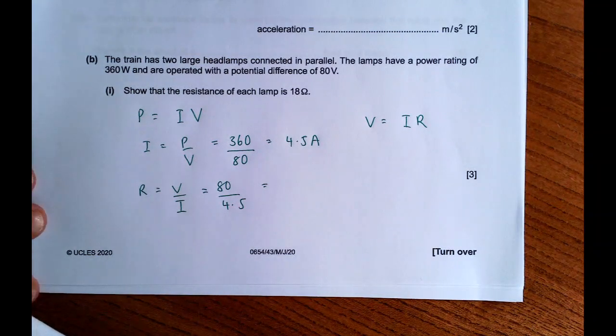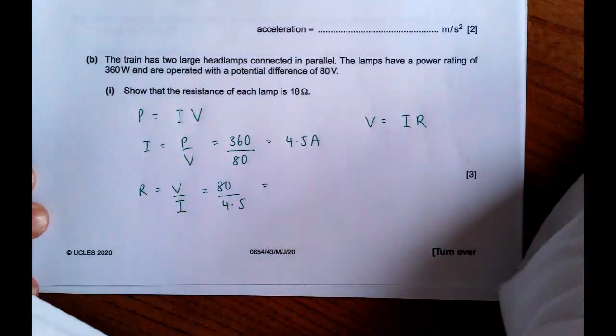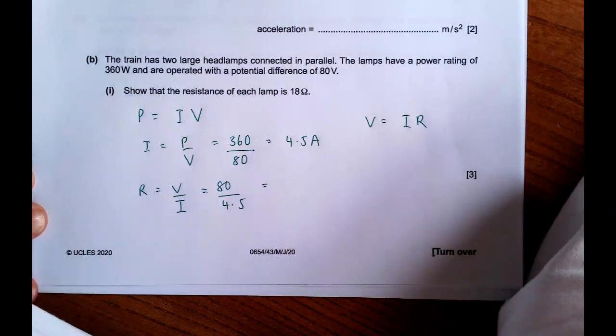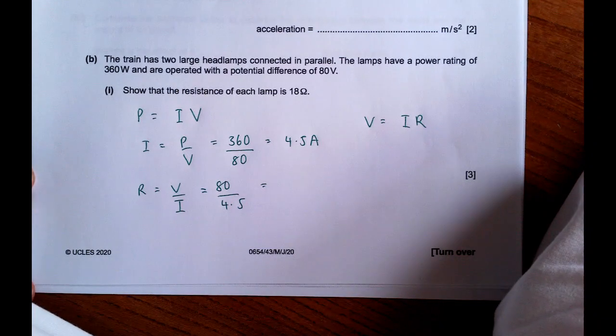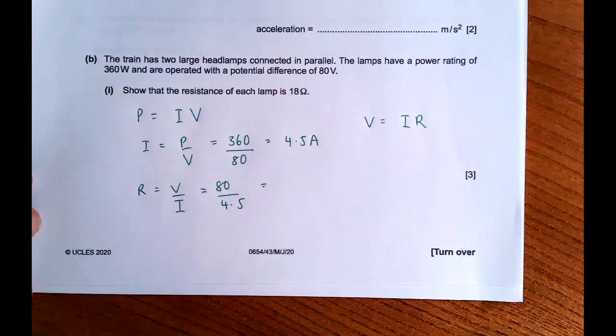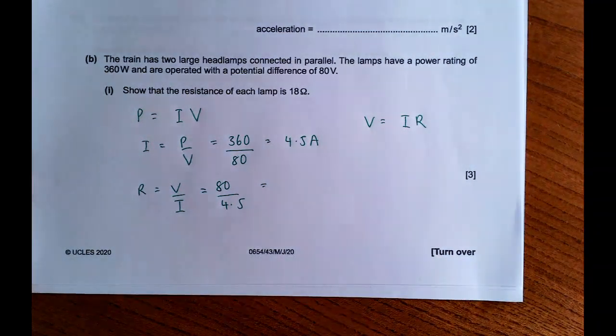But I need to show that the resistance of each lamp is 18 ohms. And in order to do that, I need to look at the parallel arrangement. Okay, so I'm going to sketch as well.